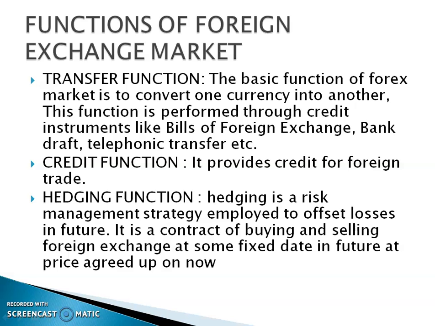It refers to transferring the purchasing power vested in foreign or home currency among the countries which are trading with each other. The function is performed through credit instruments like bills of foreign exchange, bank drafts and telephonic transfer. So the first and most important function of the foreign exchange market is the transfer function.